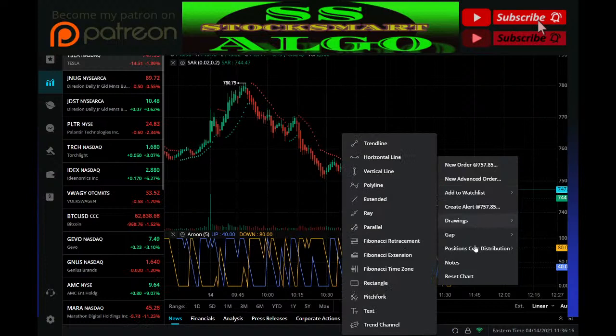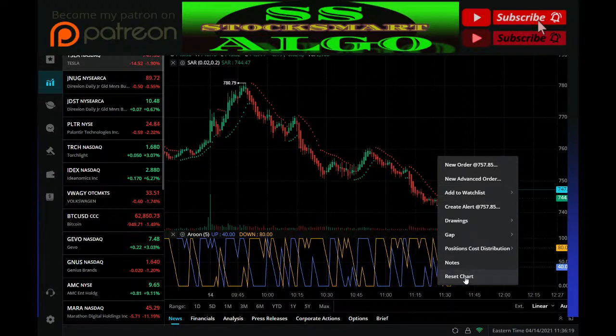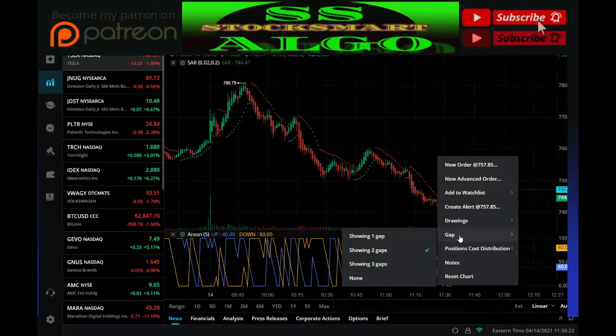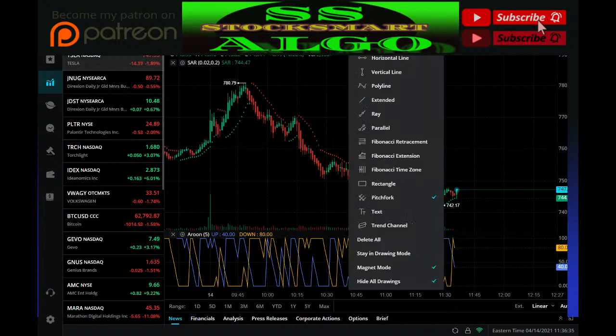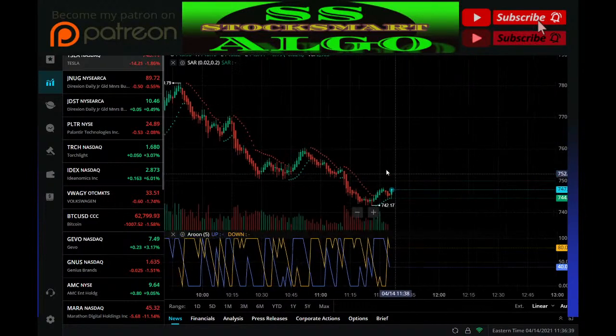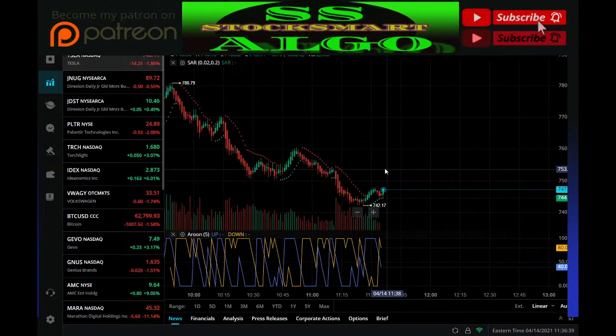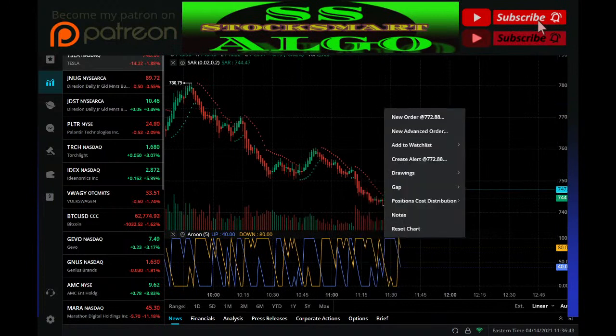Cost distribution, nodes, reset chart. Cool, I don't think that was there before. Showing one gap, showing two gaps. Drawings. Let's see, pitchfork. Well, of course I wouldn't know how to put it on there, but alright.